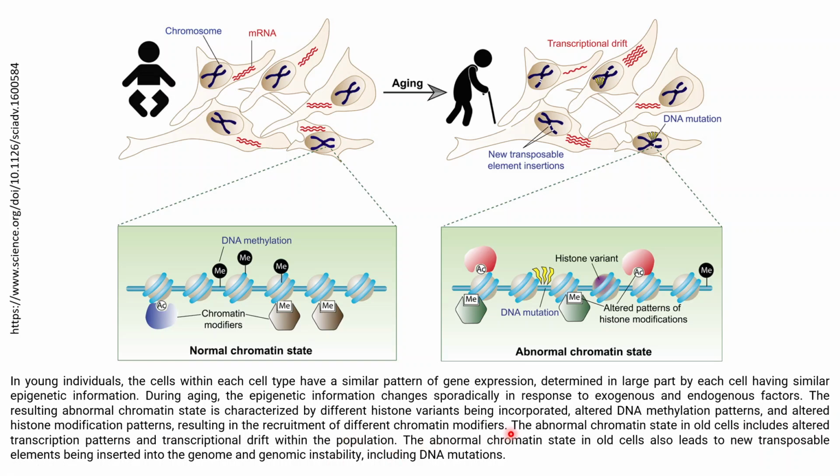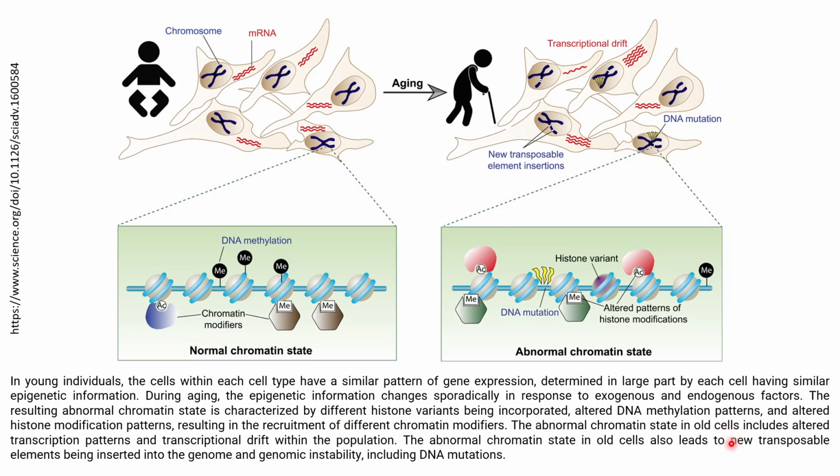So essentially what this is saying is that you can have not only altered methylation patterns, it can also change with respect to the histone variants that are incorporated while packaging the DNA, and different histone modifications, like we had seen last time, that histones can be acetylated, deacetylated by HATs, HDACs, and so on. So the histones themselves can be modified differently. DNA methylation patterns can change. Different histones themselves or their variants can be incorporated. And all of this will result in different ways in which the gene expression can be changed.